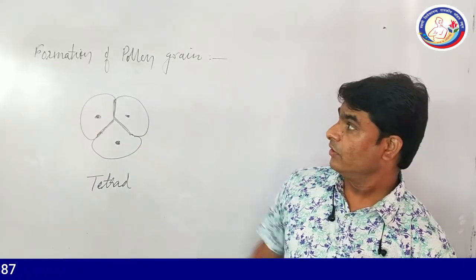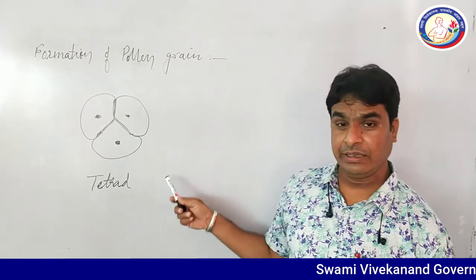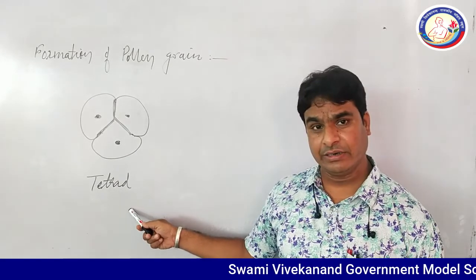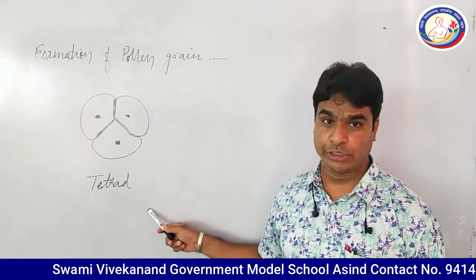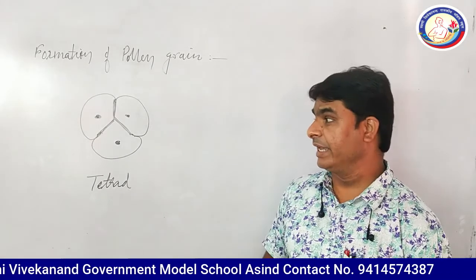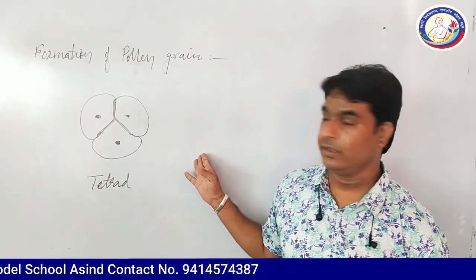So formation of pollen grains. Initially, we have discussed the tetrad. This is the group of 4 microspores attached with the help of callose and pectin.